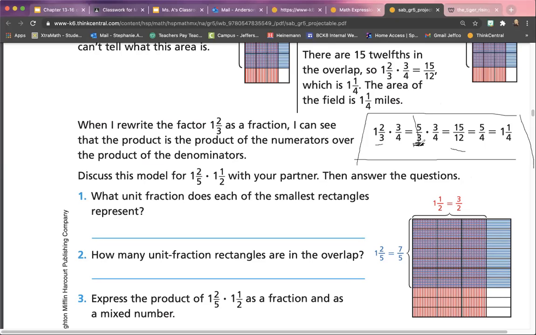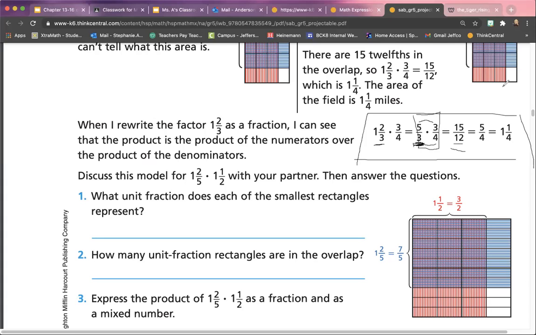Once we have 2 fractions here, we multiply the top, multiply the bottom, just like you did last week. So I would make sure you have this in your notebook to remind yourself, okay, if I see a mixed number, I turn it into an improper fraction. I multiply my numerators, 5 times 3 is 15. I multiply my denominators, 3 times 4 is 12, and I'm left with 15 twelfths.